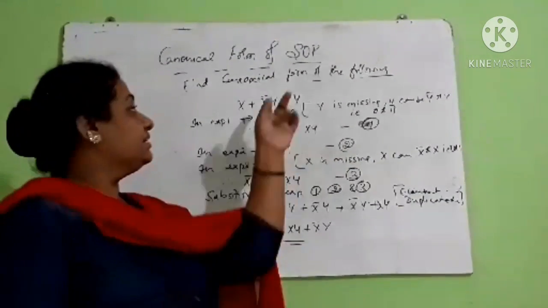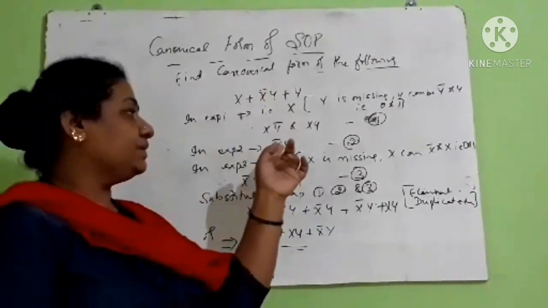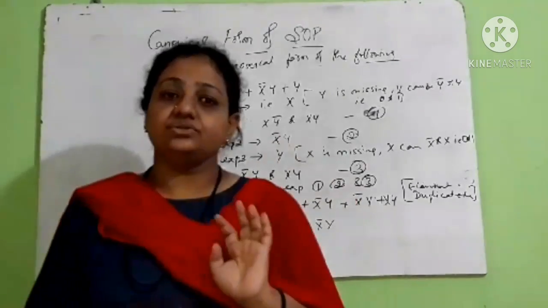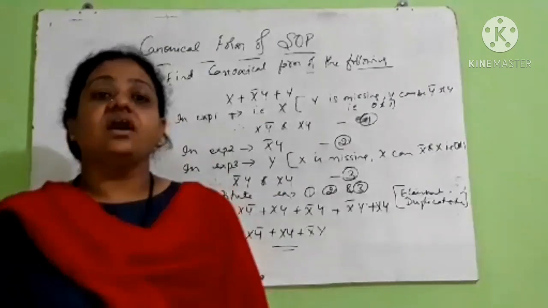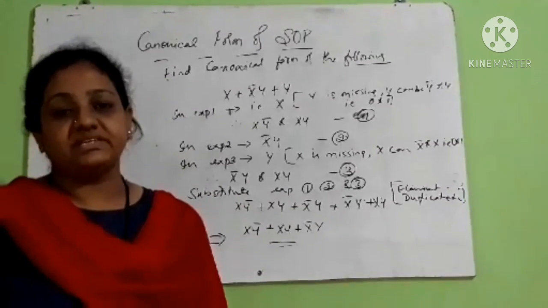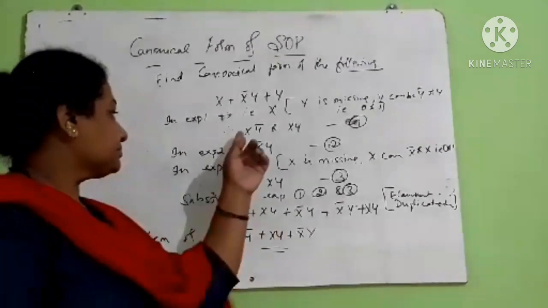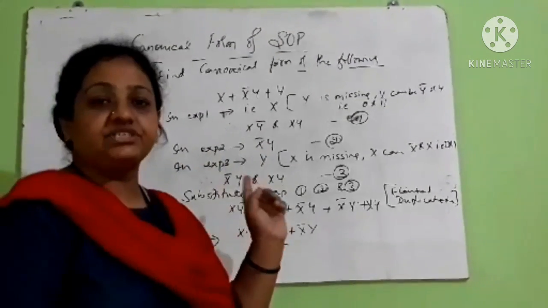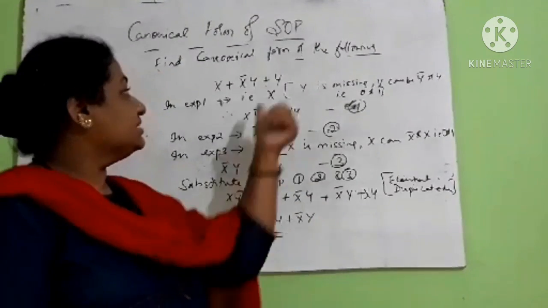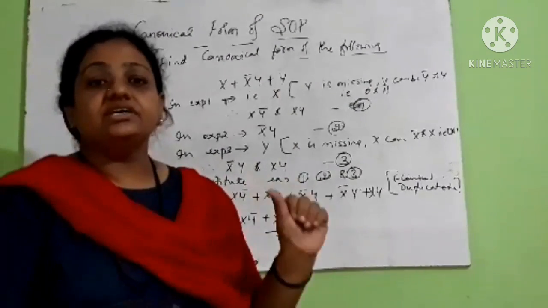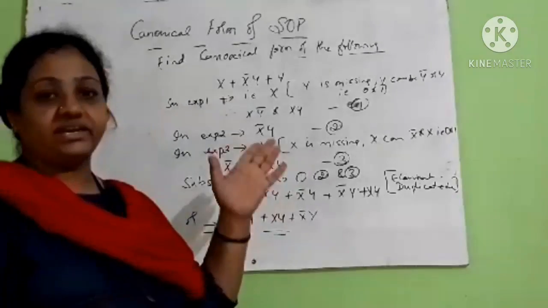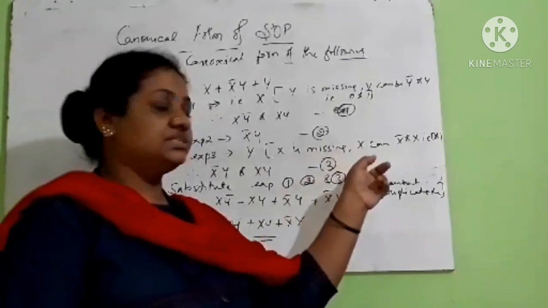Similarly, let us take the second expression, that is x bar y. There is no change in this expression because all the variables are represented in this expression. Let us take expression 3. Expression 3 is y. So in this expression there is no x. X is missing.